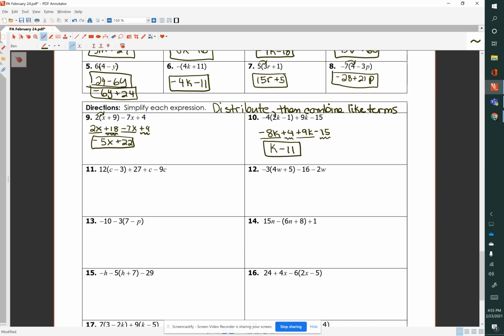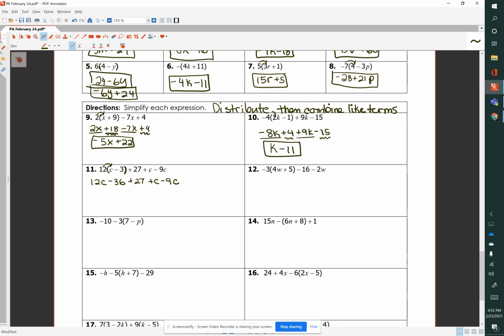Number 11, we have 12 times the quantity of c minus 3 plus 27 plus c minus 9c. 12 times c is 12c. 12 times negative 3 is negative 36 plus 27 plus c minus 9c.